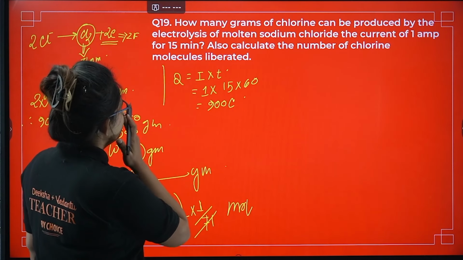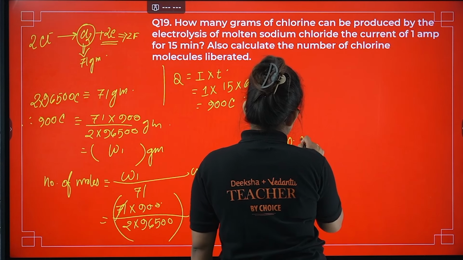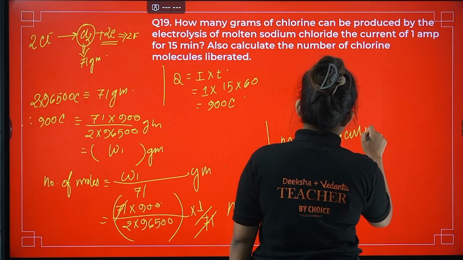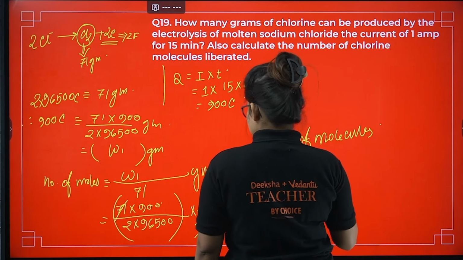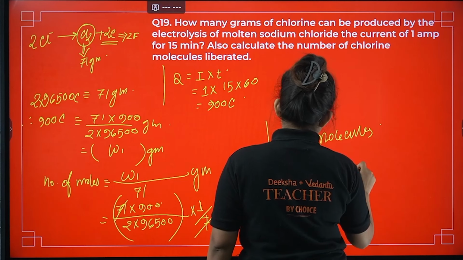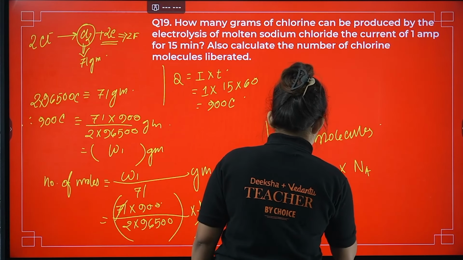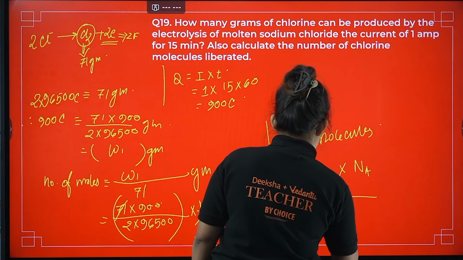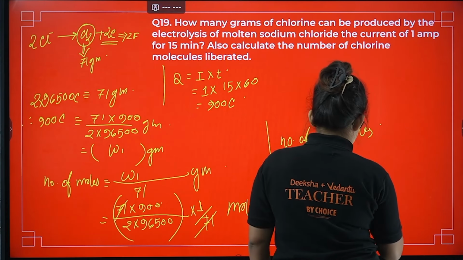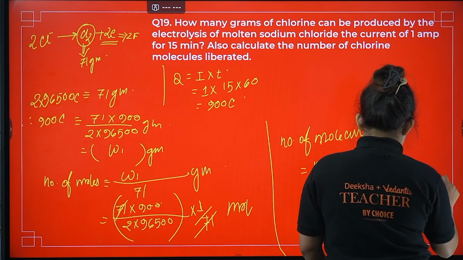Now you have to find out the number of chlorine molecules. The number of molecules is the number of moles of chlorine into Avogadro number. The number of moles of chlorine is 900 by 2 into 96500, into 6.023 into 10 power 23.